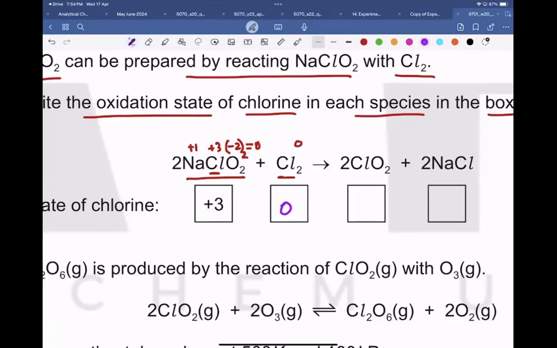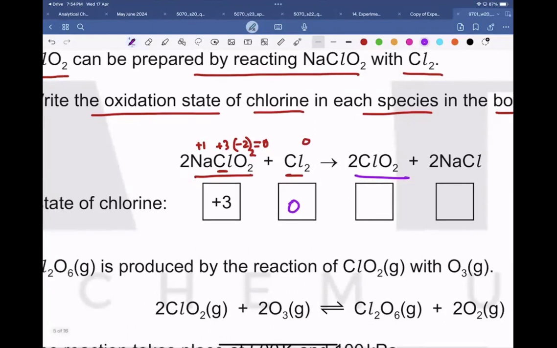Okay. Now have a look at this compound. Its net charge is 0. So whatever the charge oxygen and chlorine are carrying, when we add them, we get 0. So how many oxygen over here? 2. Oxygen has a charge of -2, and there are 2 oxygen, which makes it -4. So this chlorine must be +4.